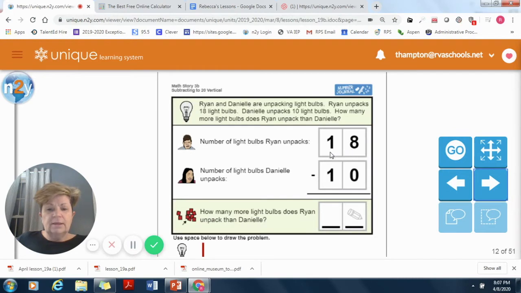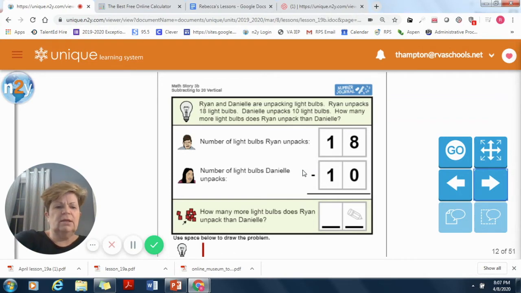All right. Next we have Ryan and Danielle are unpacking light bulbs. Ryan unpacks 18 light bulbs. Danielle unpacks 10 light bulbs. How many more light bulbs does Ryan unpack than Danielle? How many more? Now here it's showing us that we're doing subtraction, but again, if you didn't have that information, just cover up that bottom part.